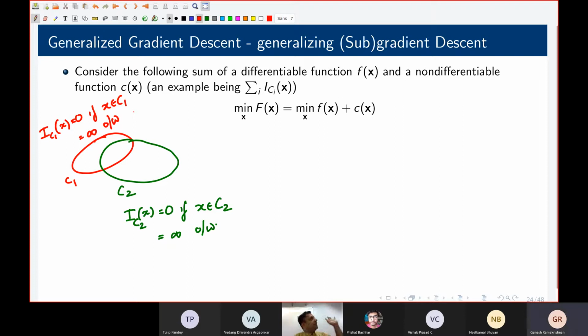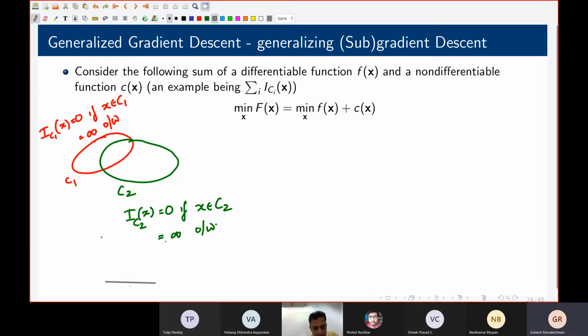Now is c, a summation of the I_Ci's, or each of these I_Ci's, does it look convex? If the constraints are closed bounded intervals, do you expect this to look convex? Like 0 and then infinity. It's convex. Basically, we're saying that these are 0 and then they become infinity.